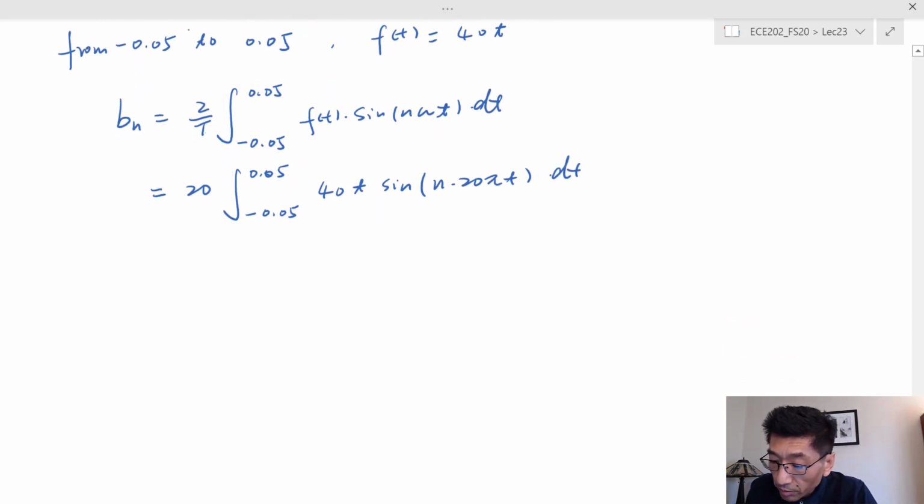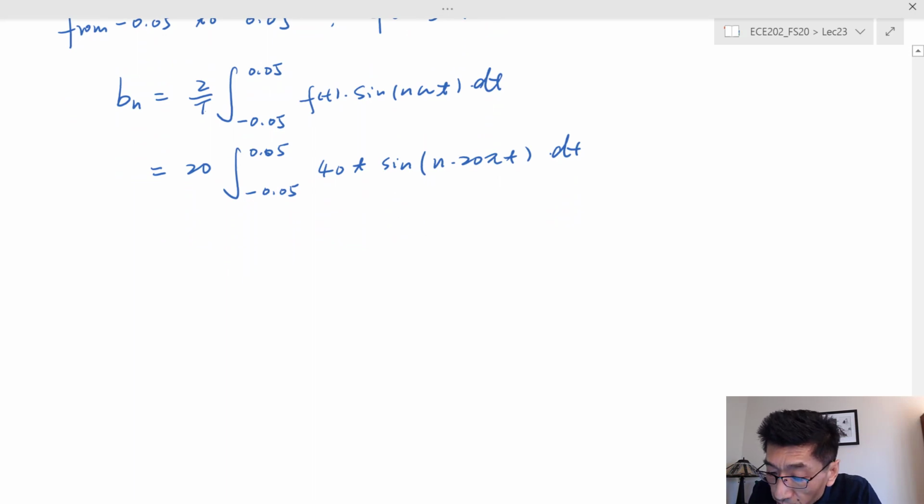We need to integrate this in a couple of steps. First, we move the 40 outside, so 20 times 40, and then we divide by n times 20 pi.